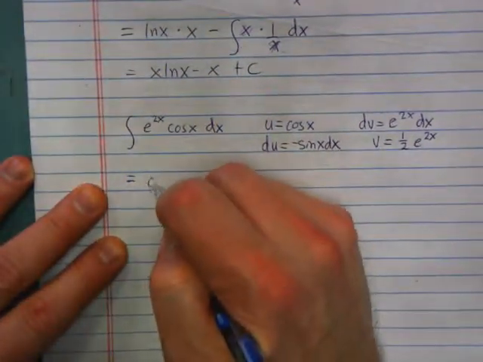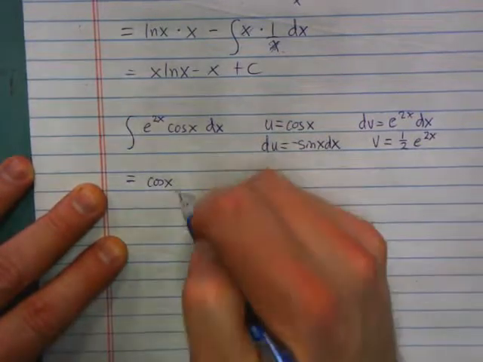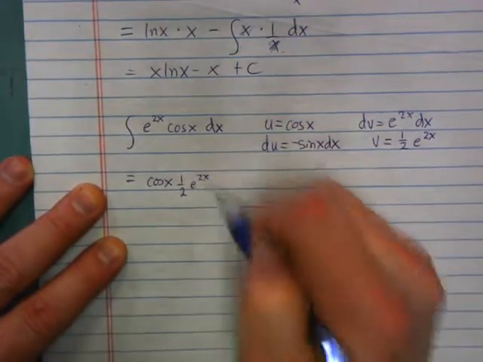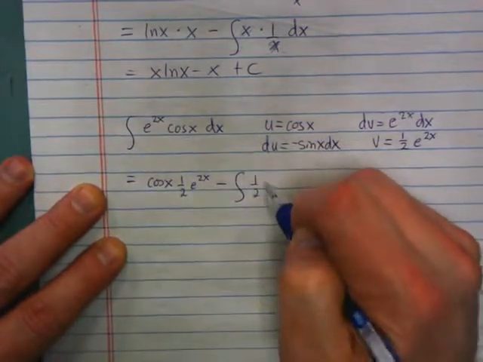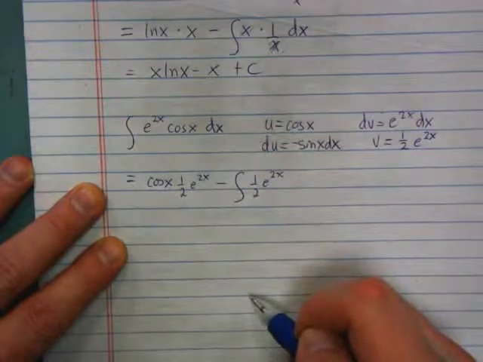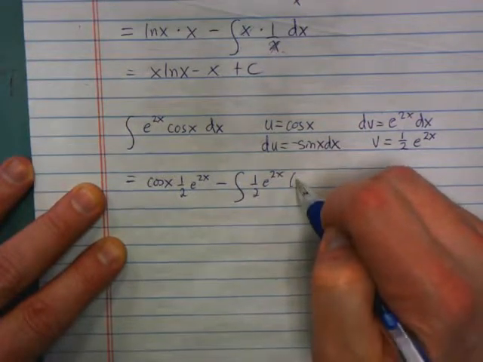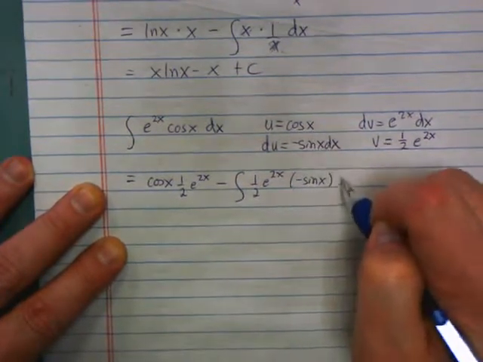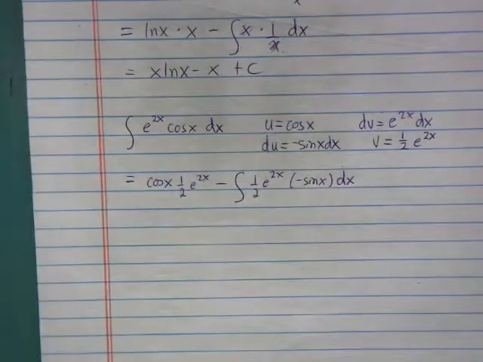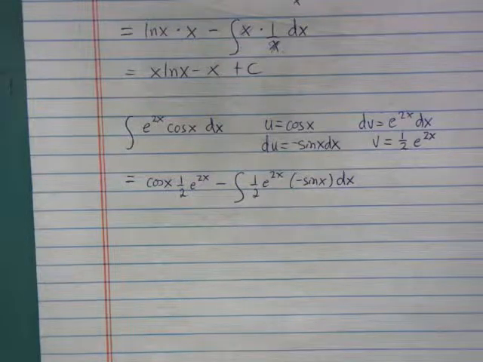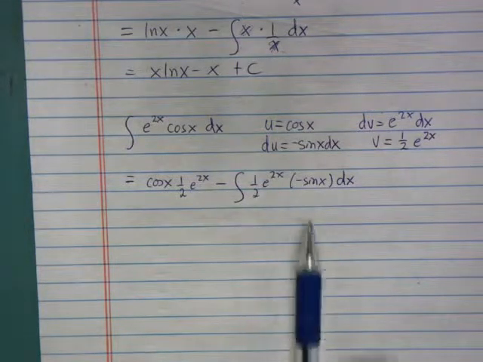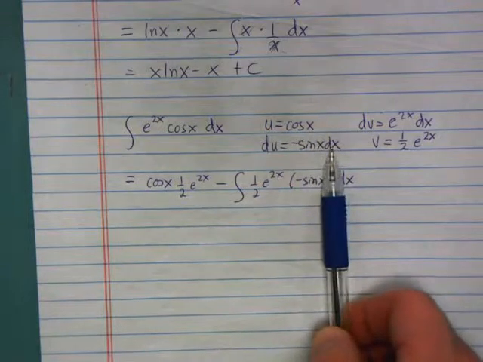U was cosine x, and v was 1/2 e to the 2x, minus the integral of v, 1/2 e to the 2x, times du, which was minus sine x dx. The derivative of sine is cosine, and the derivative of cosine is negative sine. So that one should be a negative there because we did derivative, not integral.